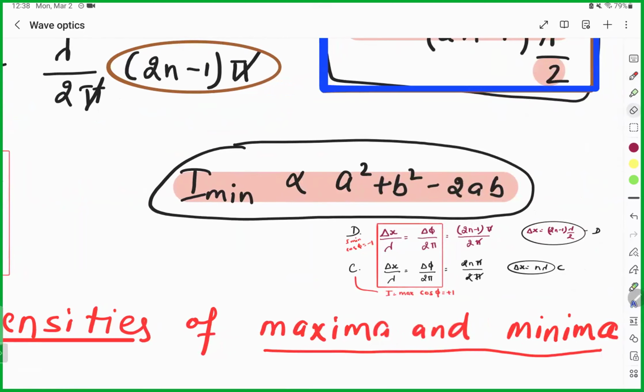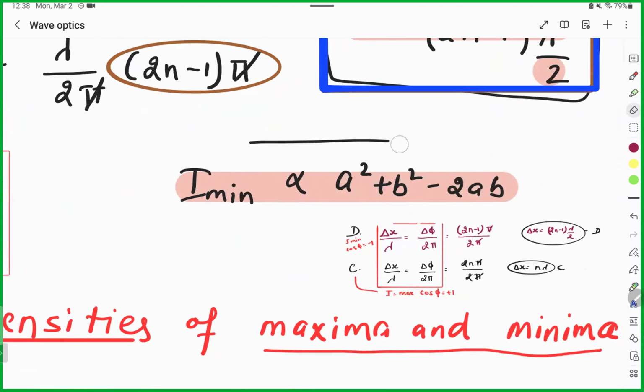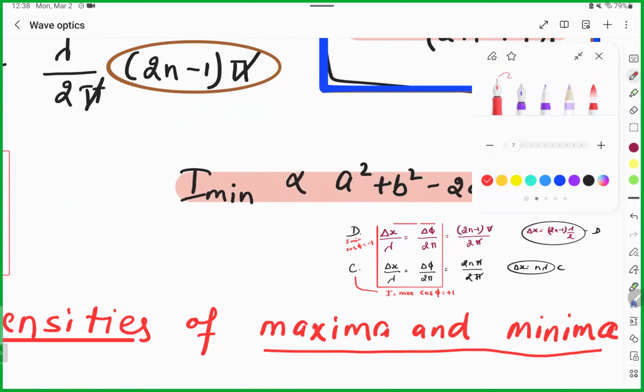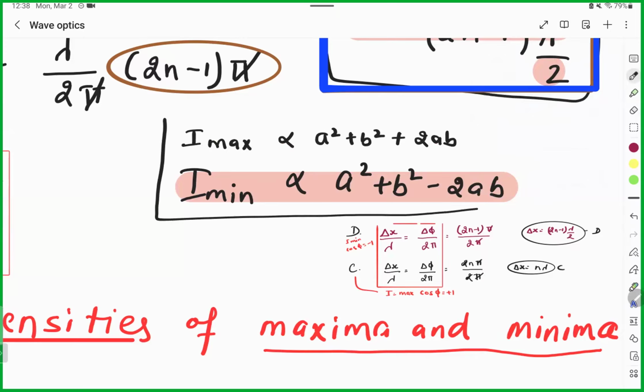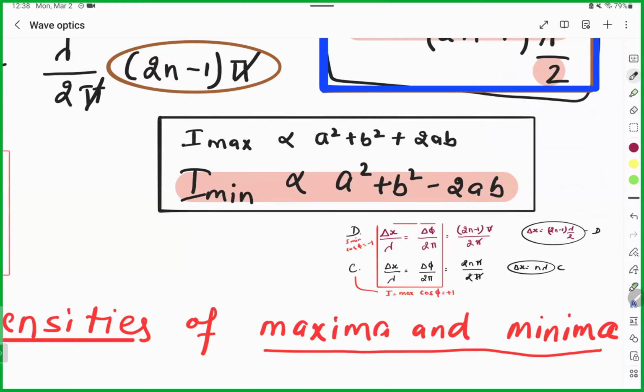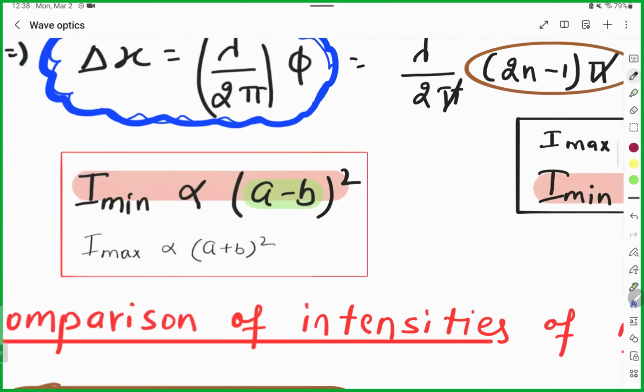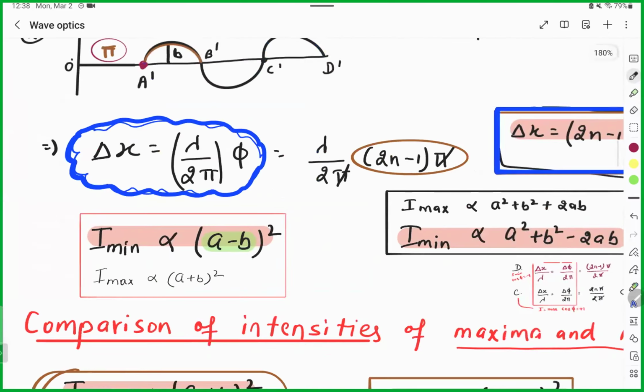What will be the maximum value? If you calculate the maximum value in this case, I maximum will be directly proportional to a square plus b square plus 2ab. Just compare everything. You will have the habit of reading together. Minimum minus, maximum plus. Same here, minimum minus, maximum plus.